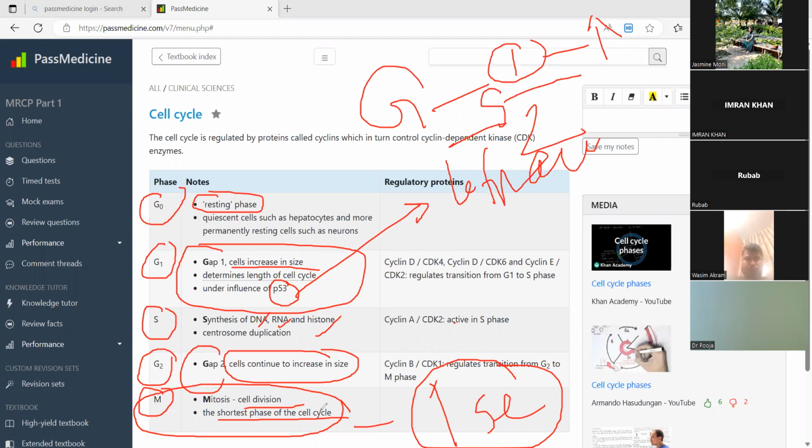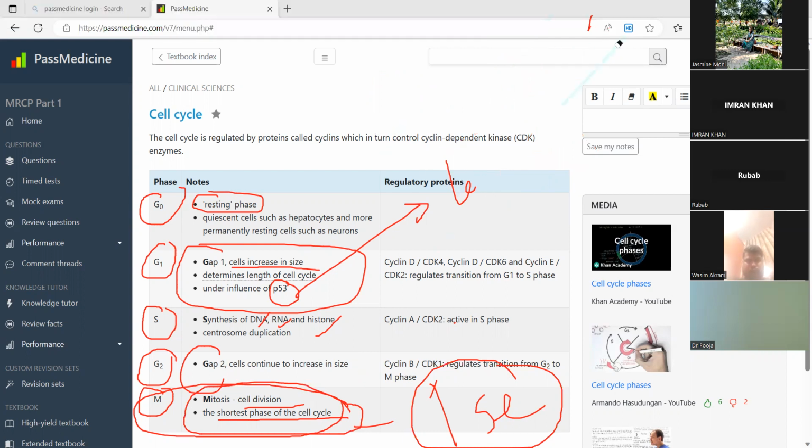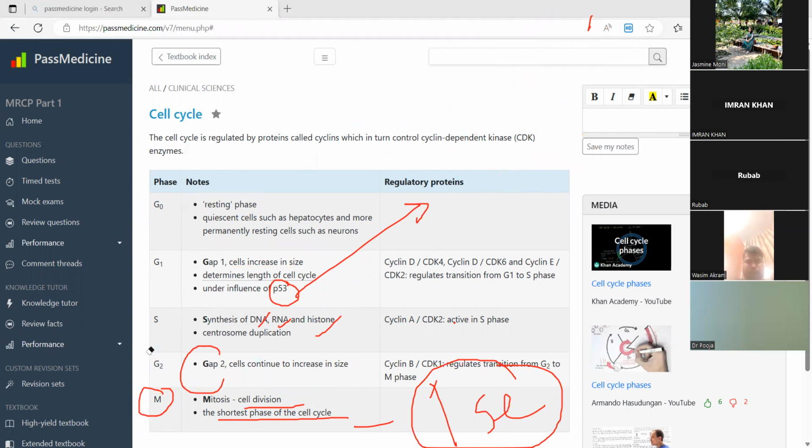That means the M phase is high or lengthened, so cancer cells are increasing in size and forming a tumor. It is a God-gifted thing: mitosis, cell division, is the shortest phase of the cycle in a normal individual. So you have to read all these things in a focused way, and then learn how this cell cycle is happening.